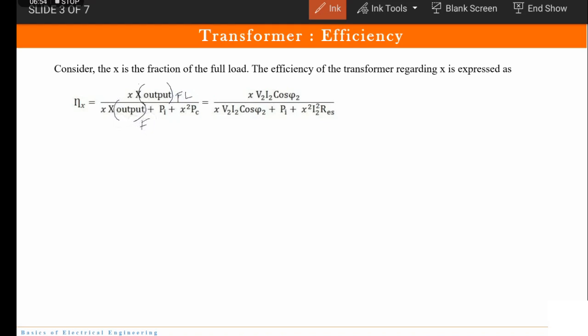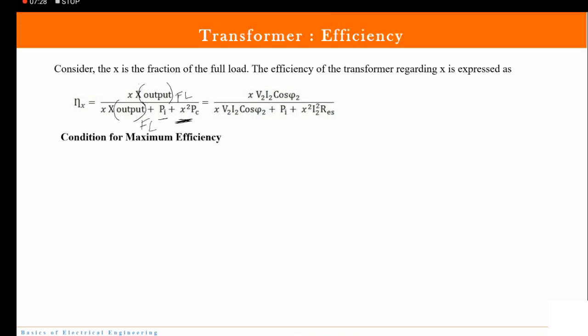Again this output is full load output. Multiplied by, so you multiply this full load output by x. Then you have Pi plus here you have x square Pc. Now remember your iron loss does not depend on current. So there we will not get x. So it is multiplied at copper loss, x square. Fine.